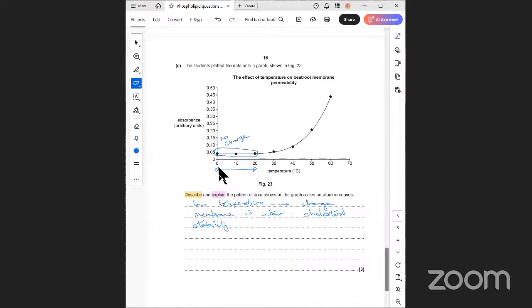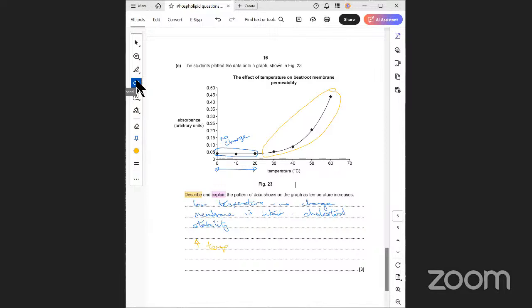So then what happens as I increase the temperature? Well, obviously we can see as I increase the temperature, we're going to see quite clearly a change. So remember what I said before? I said before that temperature is going to have an effect on the kinetic energy. So if I'm increasing the temperature, what's going to happen?